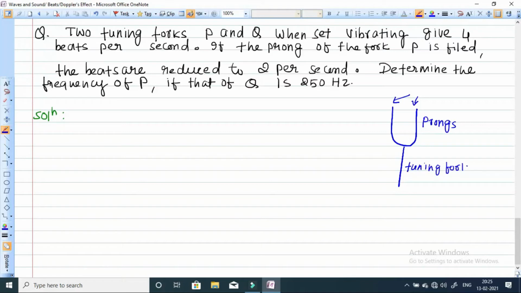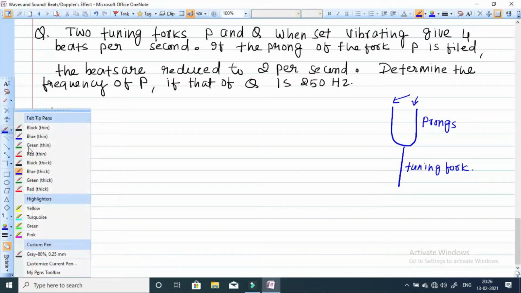So we have two tuning forks P and Q producing sound waves, and the beat frequency of P and Q is 4 beats per second. Therefore the possible frequency of P is 246 or 254 Hertz. Why?